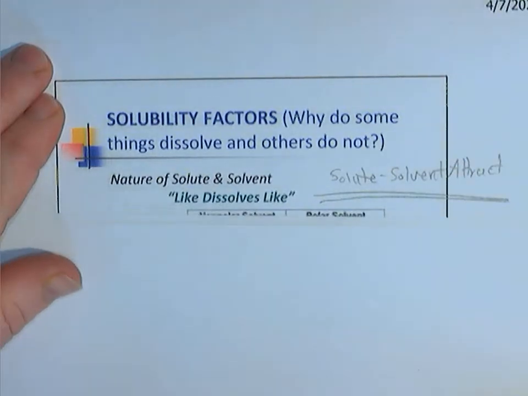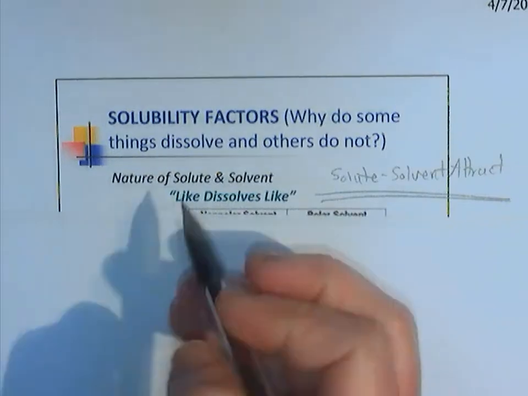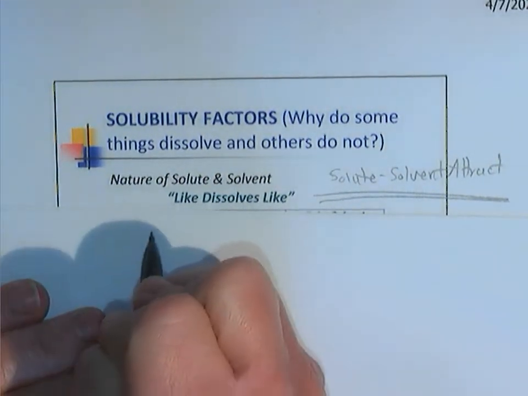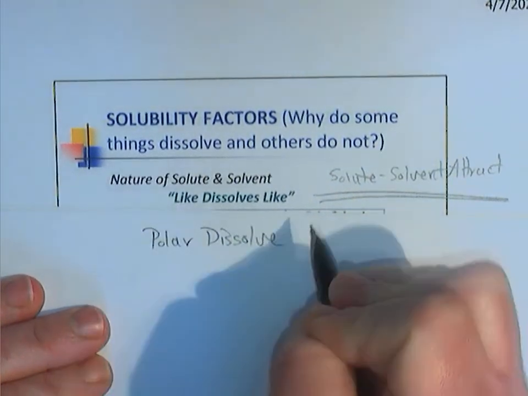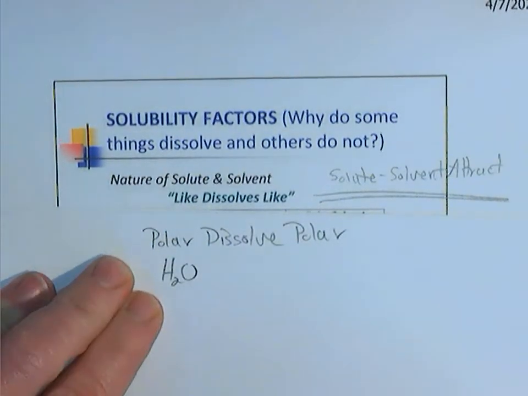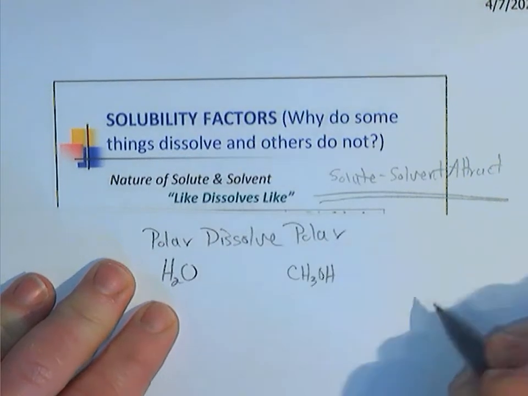So when we say like dissolves like, we're talking about polarity. So we could substitute in the term polar for like. Polar substances will dissolve other polar substances. We know water molecules are polar, so they're going to dissolve, for example, something like methanol.